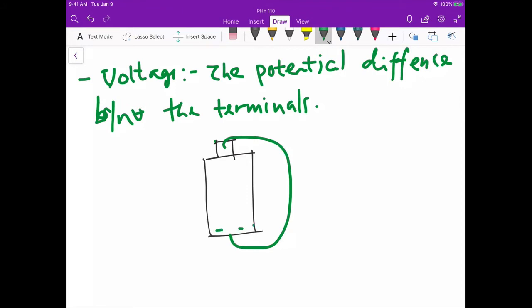All those negative charges and the positive charges up here will be exhausted in a very short period of time. Literally, you will kill the battery in a short period of time because there is a significant potential difference between the two terminals. We usually get a cell of 1.5 volts.